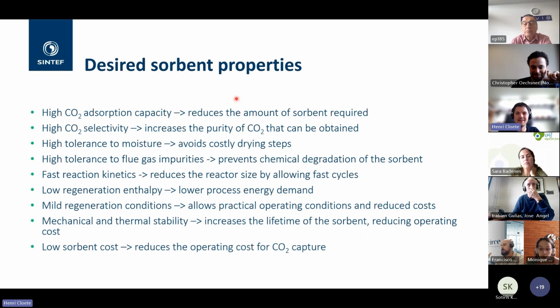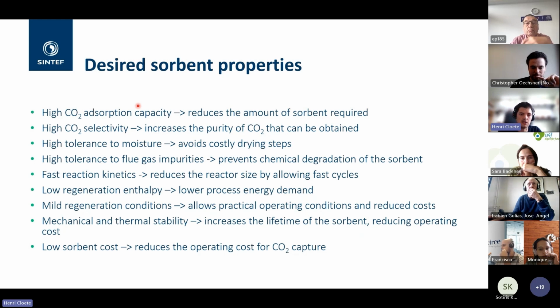There's always some compromises. So the first thing that you want is high adsorption capacity, but perhaps a bit more specifically, you want your adsorption capacity to change sharply with changes in your temperature and pressure, so that you can very easily exploit a difference in the loading on your solvent.